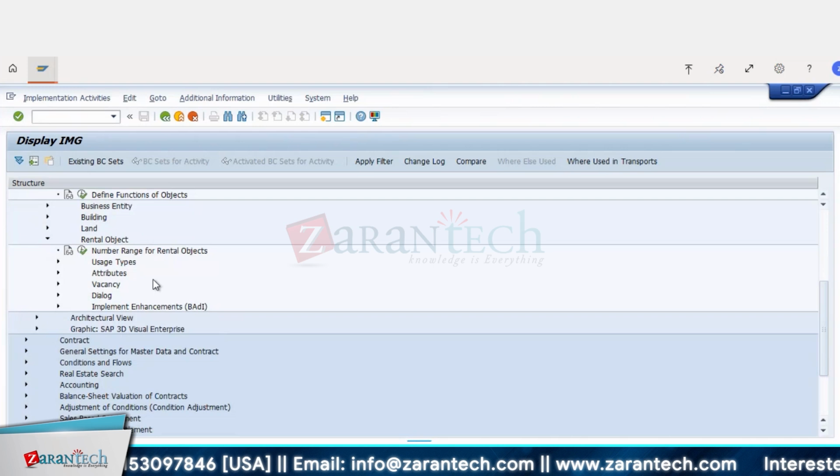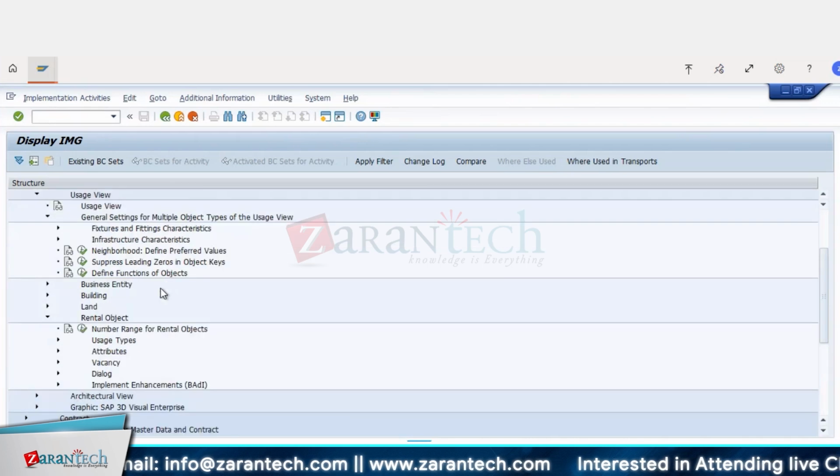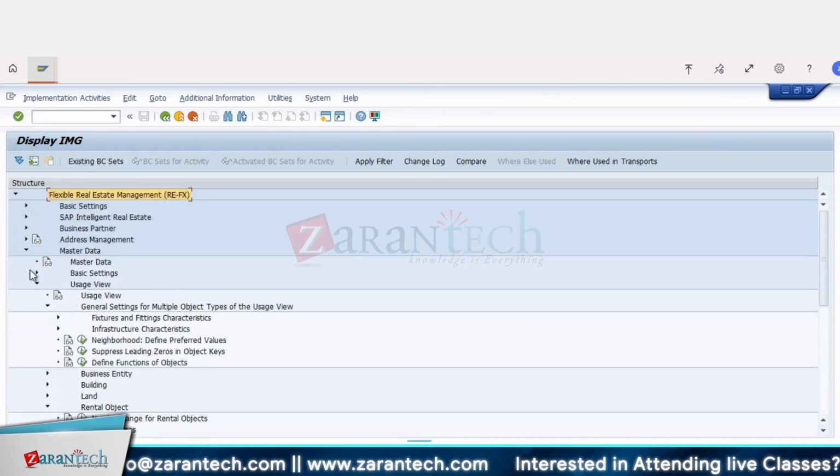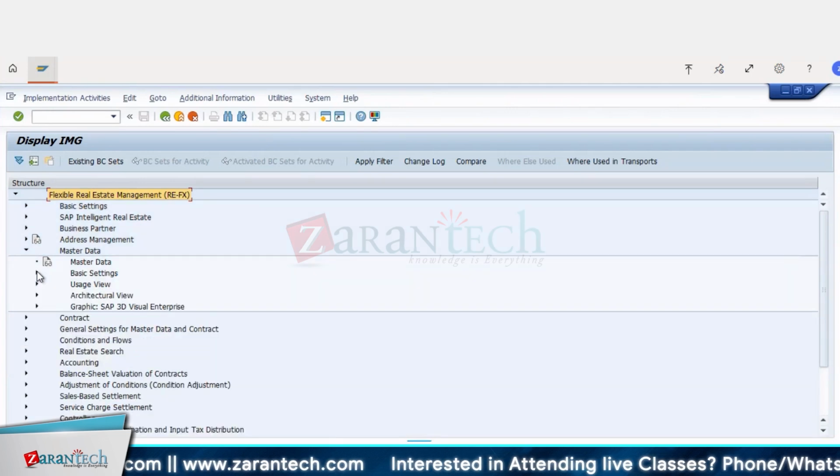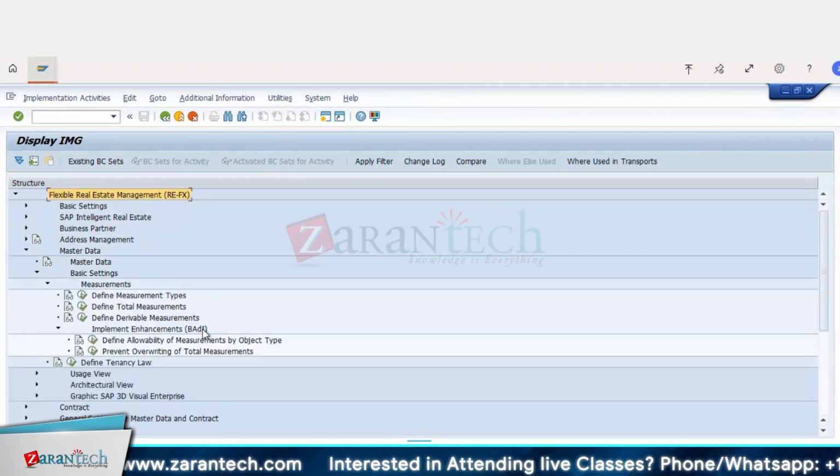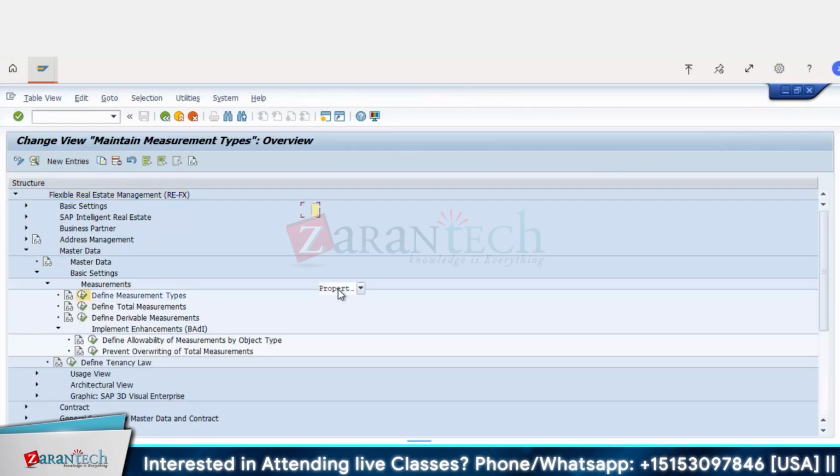Can you see, when you get into master data, there is a very first tab available, basic settings. Click on that. Yes, measurement types. So all these things are there.